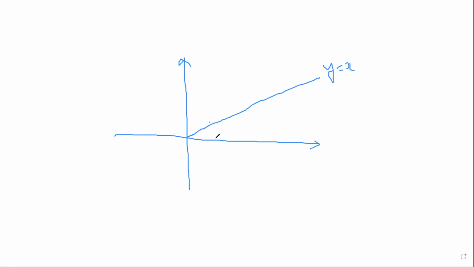If I have the point A (2, 1), how do we make the symmetry of A with respect to the line y equals x? If I want the symmetric of a point with respect to a line.